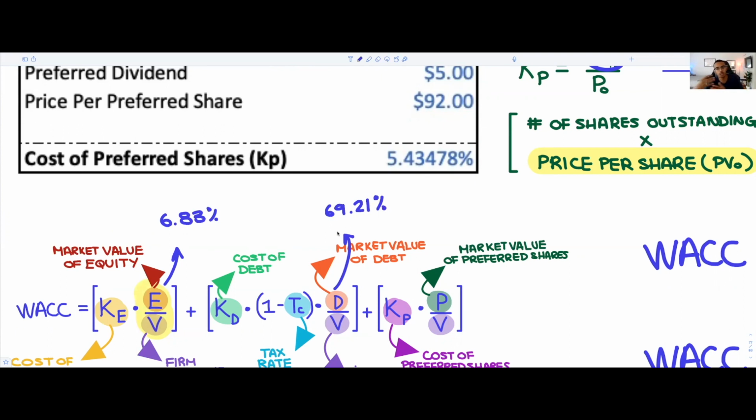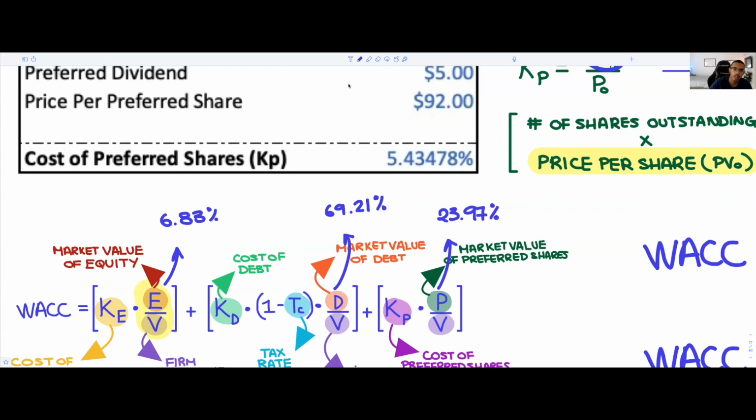And finally, to find the preferred values, you could add 69.21 plus 6.83 and find the remaining piece. Or you could just do the math, which would be 46 million over 191,939,226. And that's going to give you a preferred value over value of the firm of 23.97%.